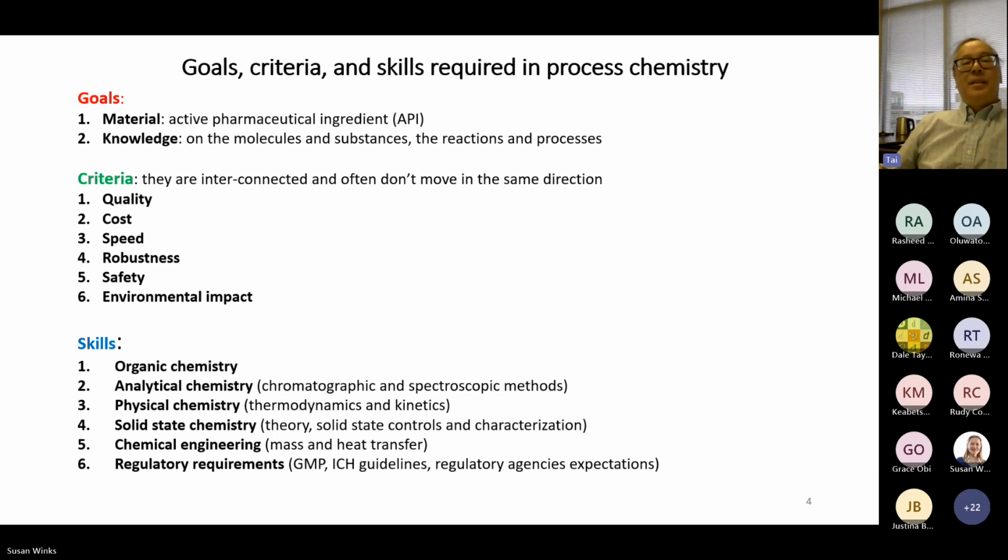As you can see, some of them are interconnected. And the funny part, of course, is that they don't usually move in the same direction. There are many skills needed. Most of us are trained as organic chemists, but we have to learn a body of knowledge on analytical, physical, solid state, chemical engineering, and very importantly, regulatory requirements as well. Next, please.